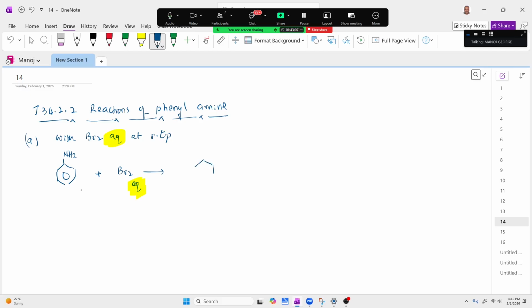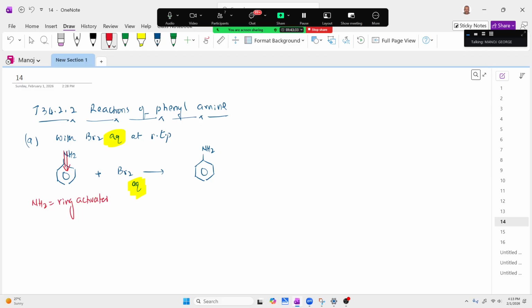What you will understand is this reaction goes similar to phenol. All the three positions, because you might remember NH2 is a ring activator. How many of you remember that? Do you remember NH2 is a ring activator? Remember that? NH2 is a ring activator. What do you mean by ring activator?